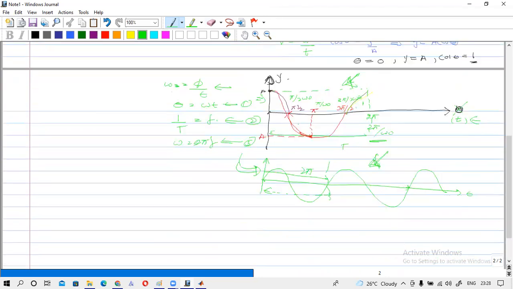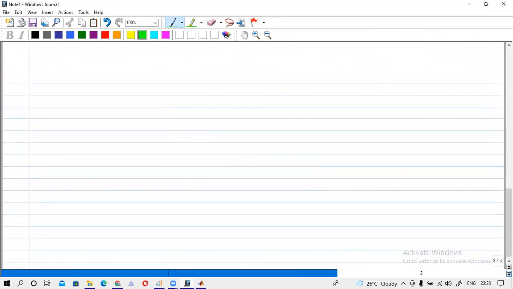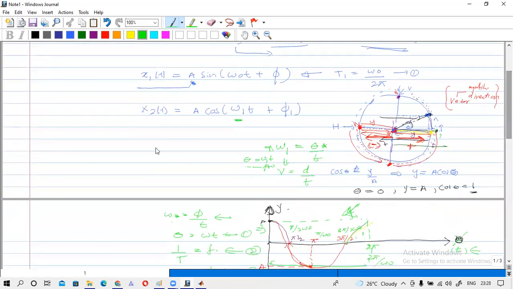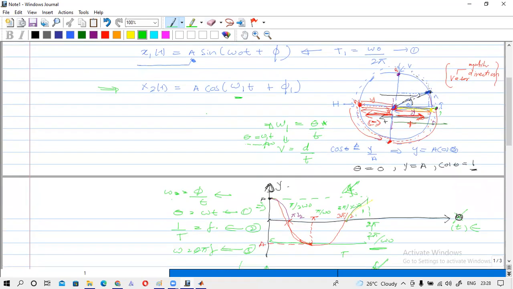Now I will try to evaluate whether a cos(omega 1 t plus phi 1) is a periodic signal, and try to find its period. The same argument we can use here.